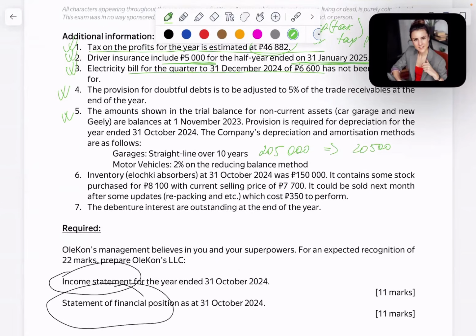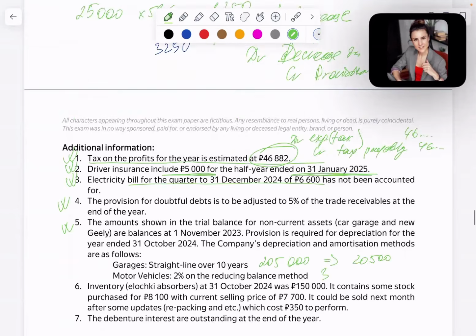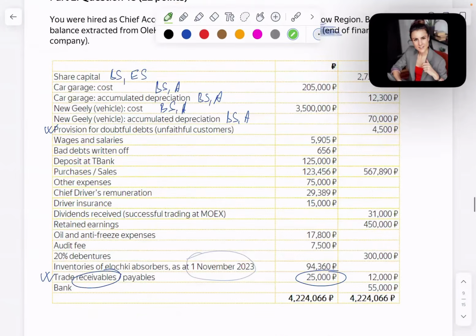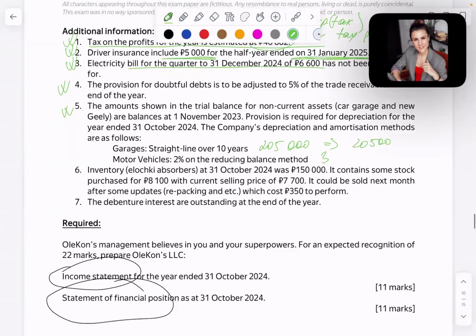When we speak about motor vehicles, we have to consider reducing balance depreciation. That means that we have to take the initial cost, which is stated in our records, which is 3.5 million.